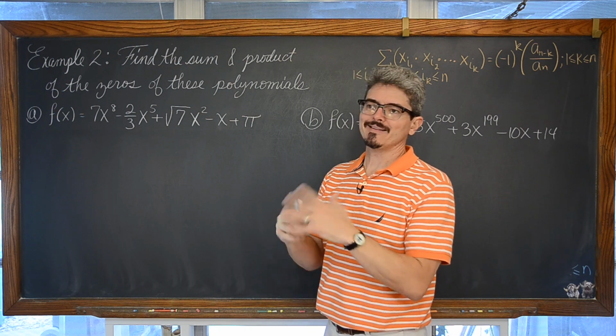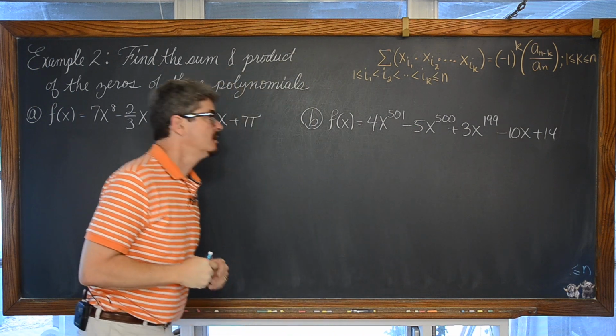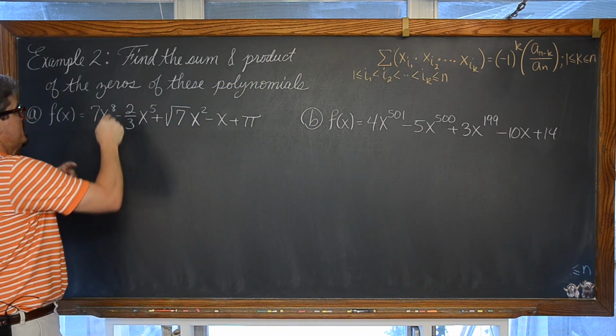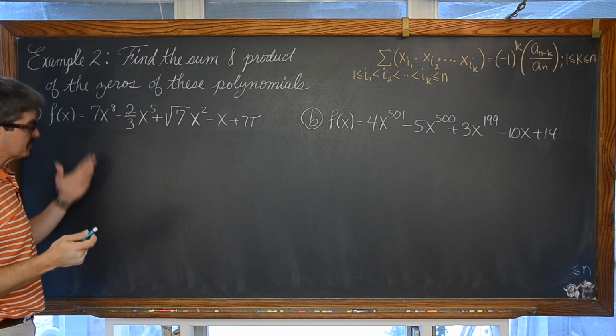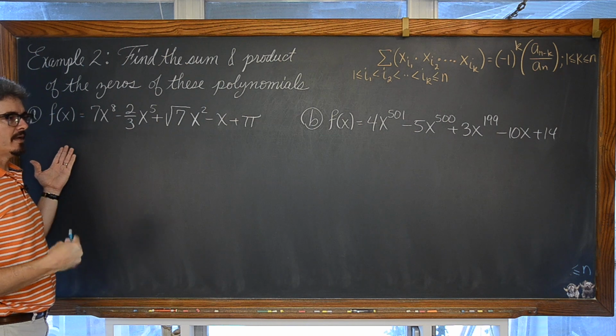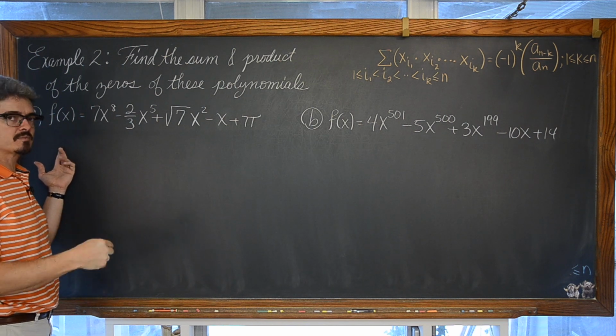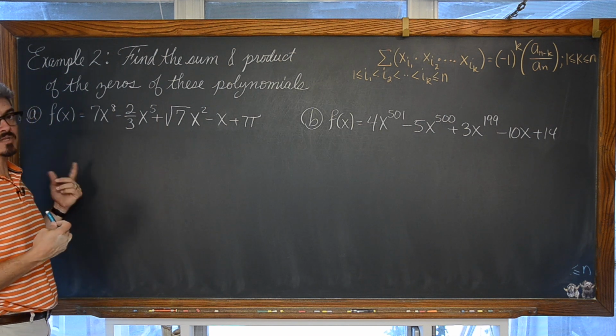So we're kind of like not really adding anything. We're just looking at the straight product of our roots. And we have a polynomial here which has a degree of 8. So I don't really want to write as a sum that it's x sub 8 plus x sub 7 plus x sub 6 plus x sub 5 and so on down until we get to an x sub 0.